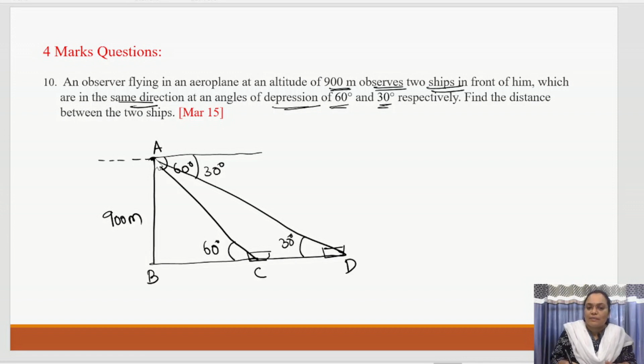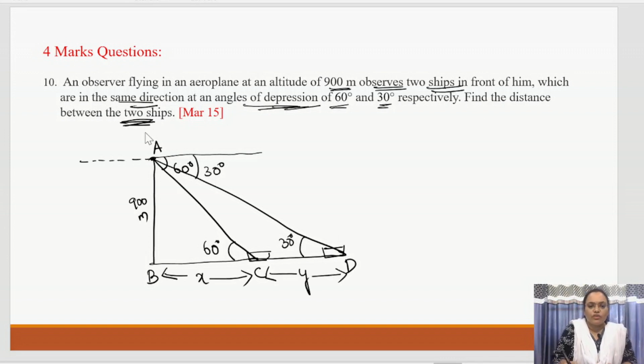So see here, the observer is flying in an aeroplane at an altitude of 900 meters above. From there he sees the two ships in the same direction, at an angle of 60 and at an angle of 30 for the other ship. Find the distance between the two ships.